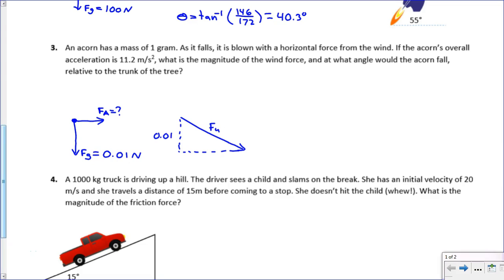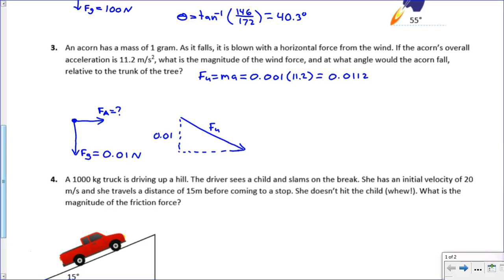But what we can do is we can use FU equals ma to figure out how large this unbalanced force is. So the mass is 0.001 times the acceleration, 11.2. And you get 0.0112.